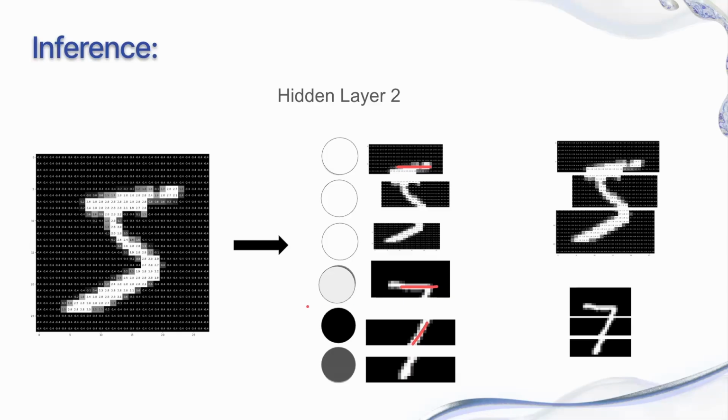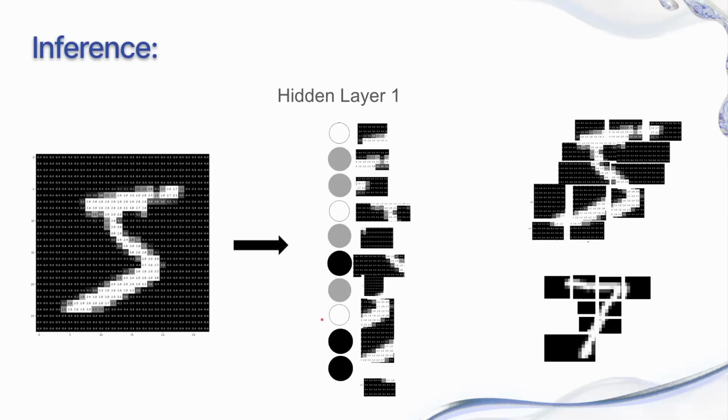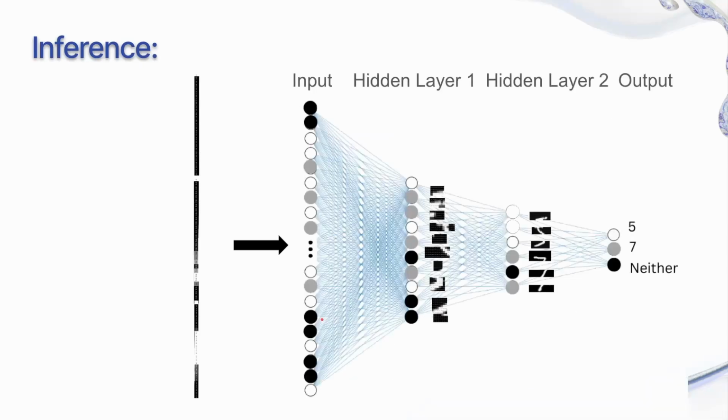Oh no, it doesn't. And then this specific node doesn't activate. And the same thing happens for hidden layer 1. It's like a feature detection, I would say, for each node. And as you continue going through the layers, higher level features are at your final layers, and your initial layers are more of your surface level features.